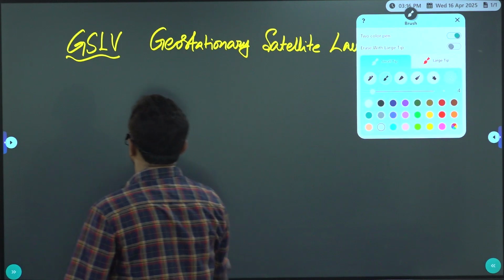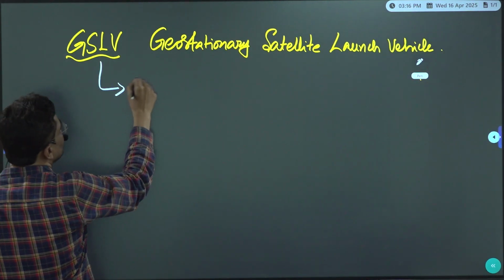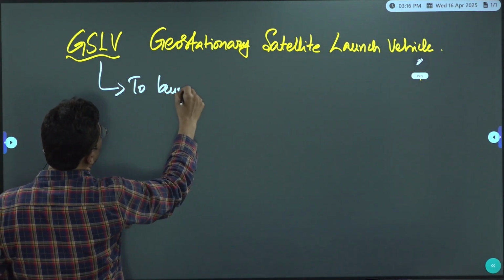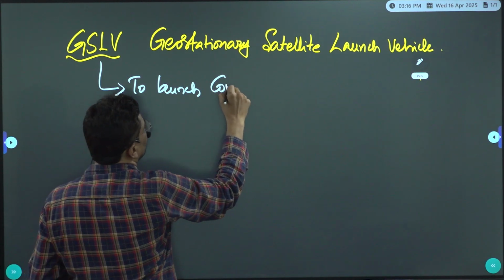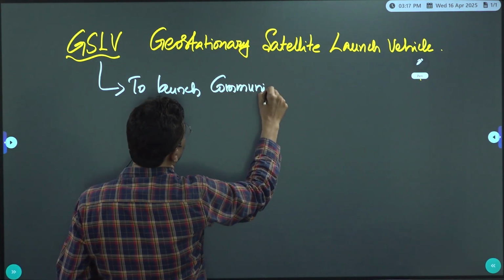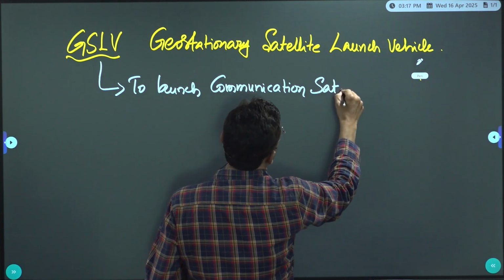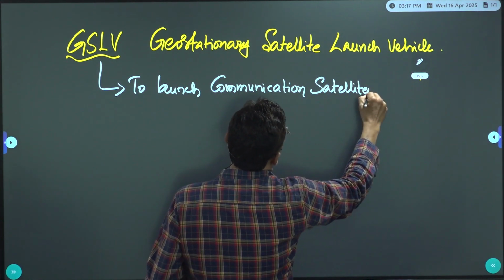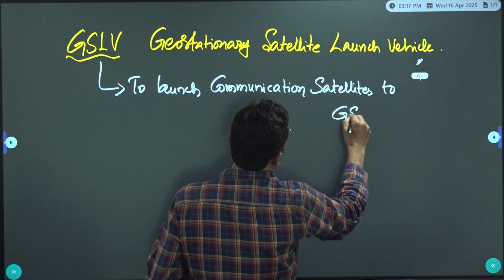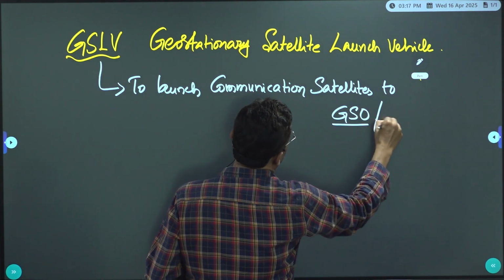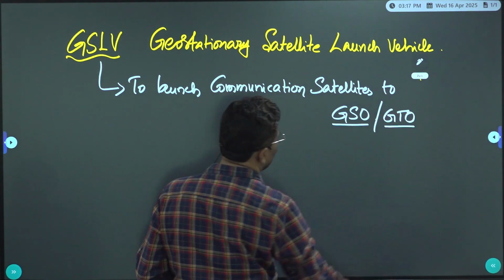It is to launch communication satellites to GSO, that means geostationary orbit, or you can say GTO, geostationary transfer orbit.